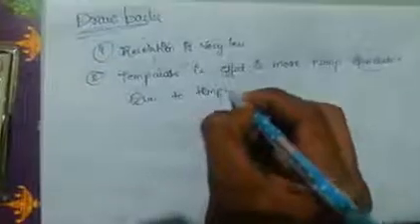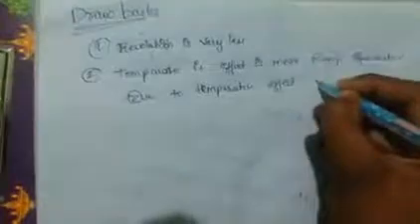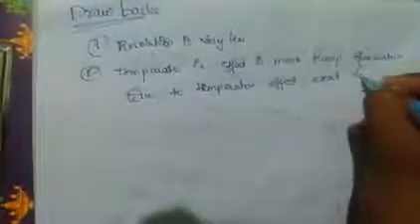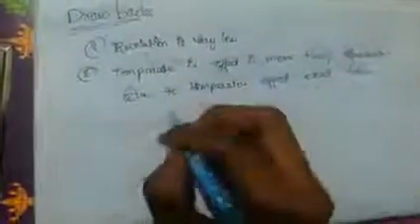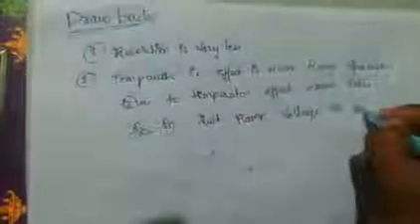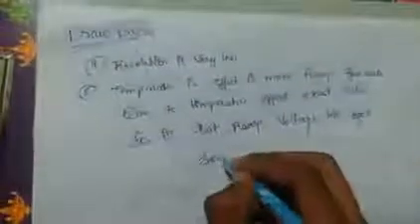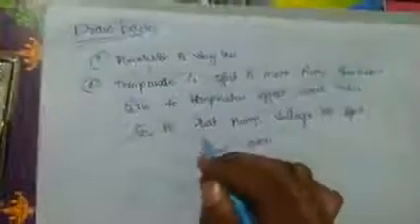In the ramp voltage we get some errors. So these are some of the drawbacks of the ramp generator.